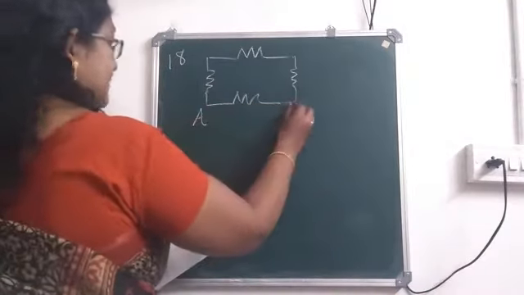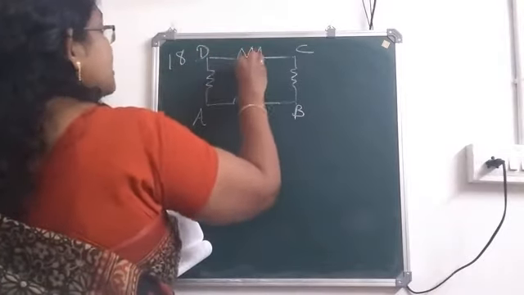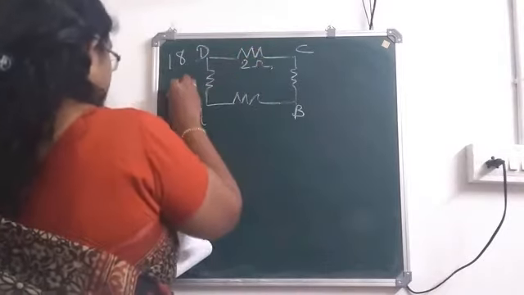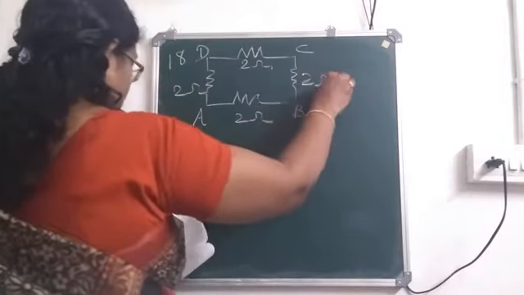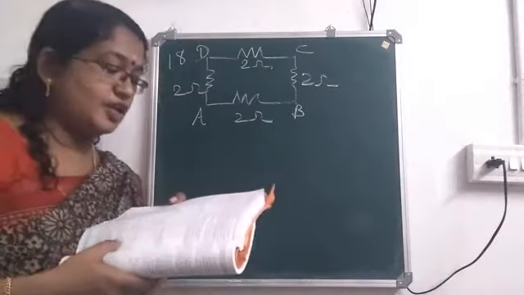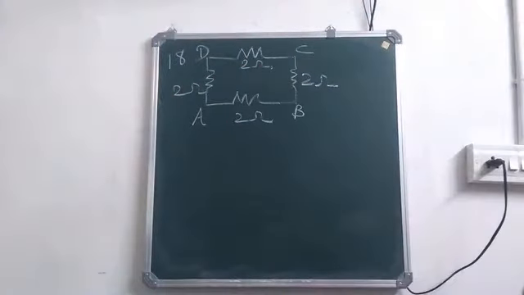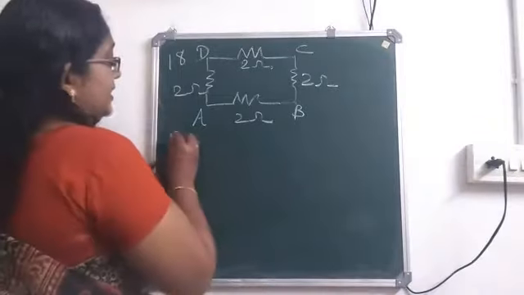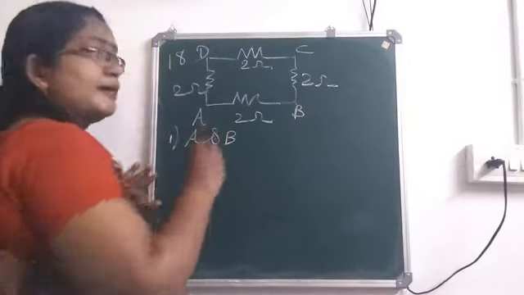This point is given as A, this is B, C and D. So this is 2 ohm, 2 ohm, 2 ohm and 2 ohm. Two questions are given there. We are asked to calculate the equivalent resistance between the points A and B, A and C. First, calculate the equivalent resistance between the points A and B.